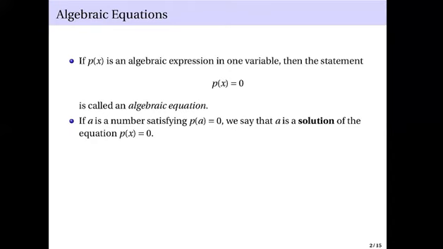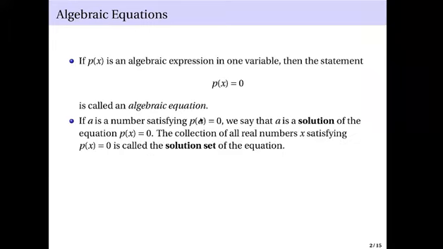But if you found a number such that when you plug it in, meaning you replace x with that number and the equality holds, then the number that you got is a solution to the equation.